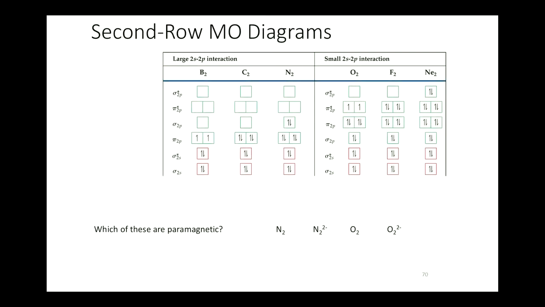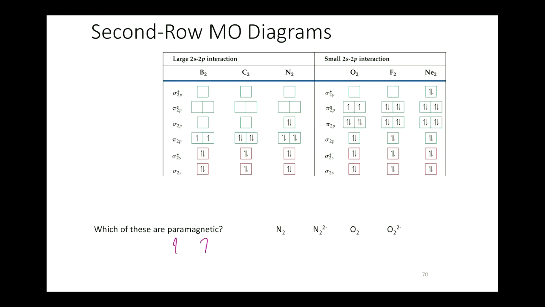Okay, so let's move on to how we can ask exam questions, all right? So I'll show you the strategy on how we do this. So here's a question: which of these four substances are paramagnetic? So are we looking for paired electrons or unpaired electrons? Unpaired, yeah, so we're looking for unpaired electrons.